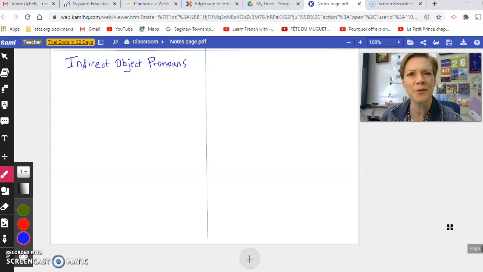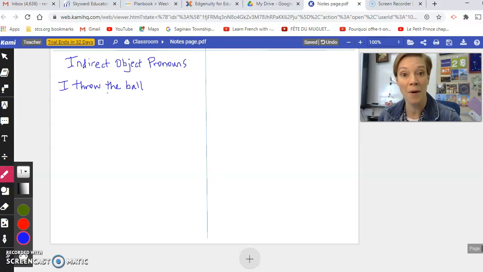Well, what's the difference between a direct object and an indirect object? Let me give you some English examples. First of all, we have a sentence like this. I throw the ball. This has a very clear subject, I, a verb, throw, and an object, the ball.